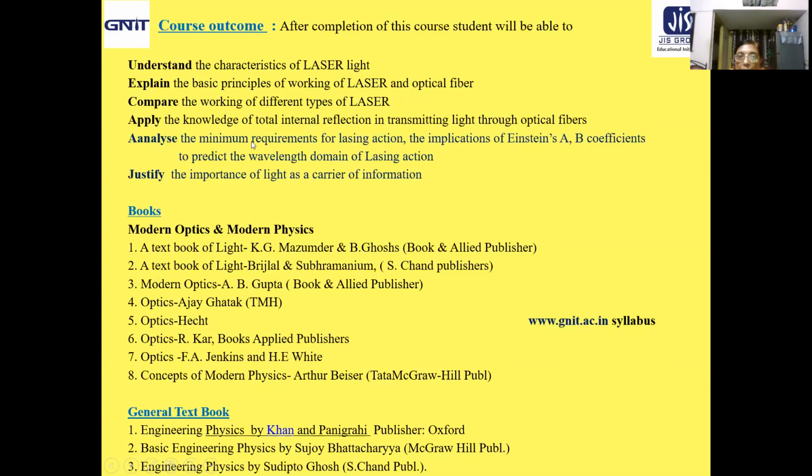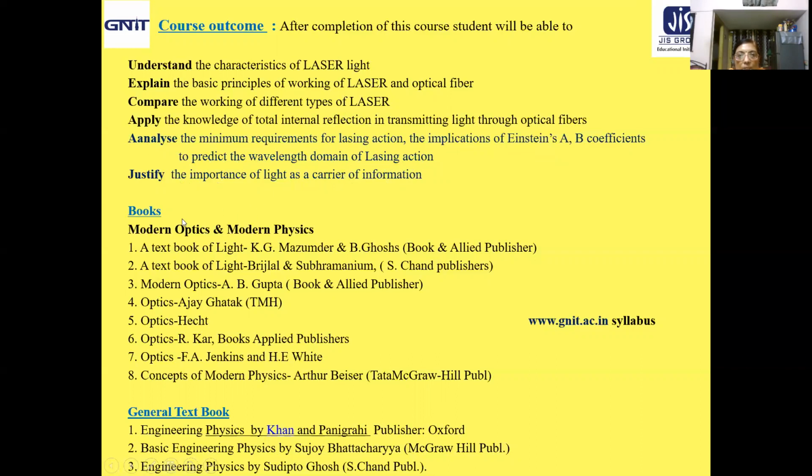You can analyze the minimum requirements for lasing action and the implications of the important Einstein's A and B coefficients to predict the wavelength domain of lasing action. And finally, you can justify the importance of light as a carrier of information. Definitely, these are the different course outcomes.